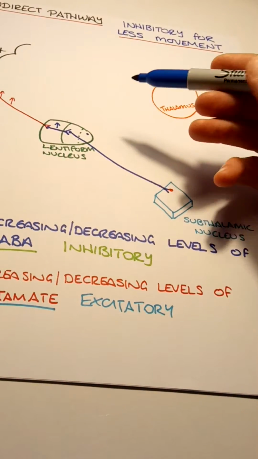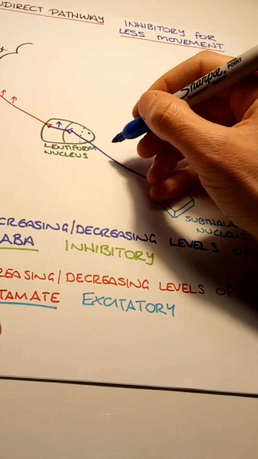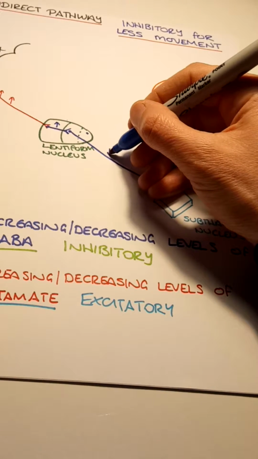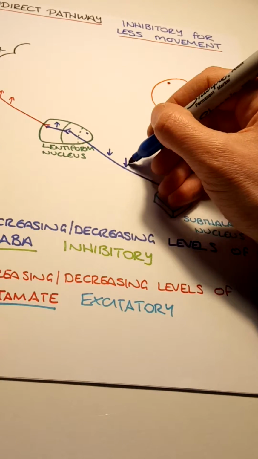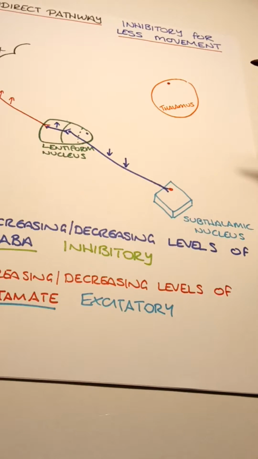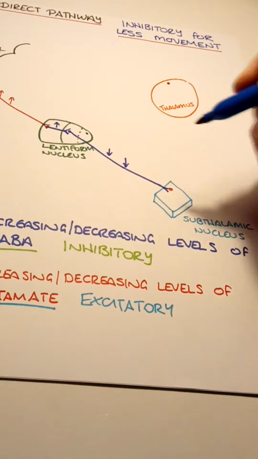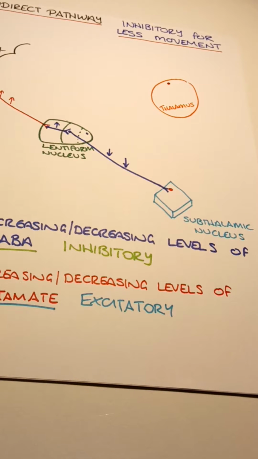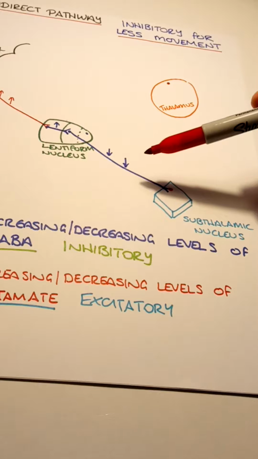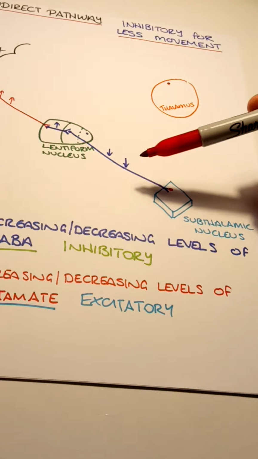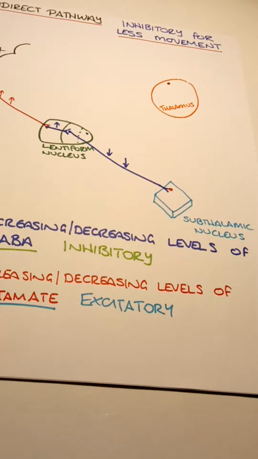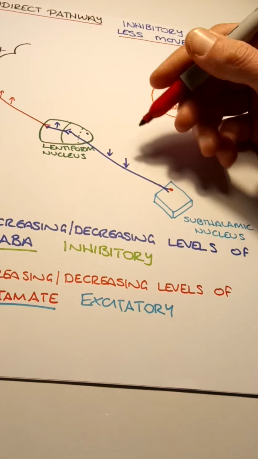So what does that do to the next neuron? It means it releases less. So it inhibits it. So it's releasing GABA, but less of it. So you've got decreased levels of an inhibitory neurotransmitter. So what does that do to the next one?